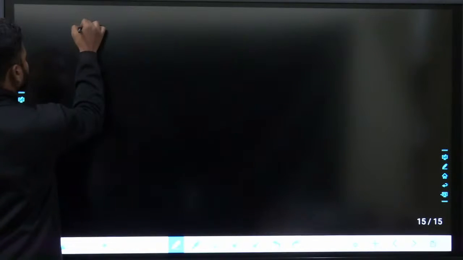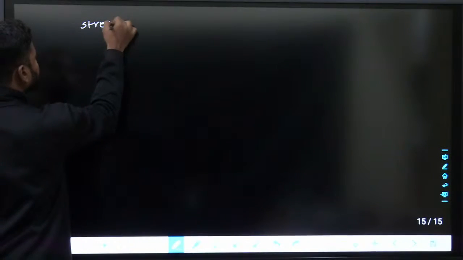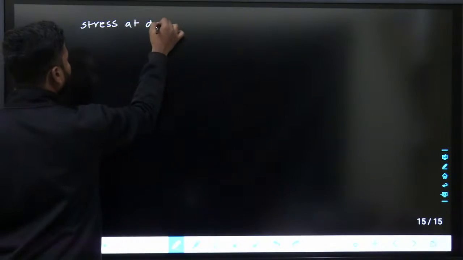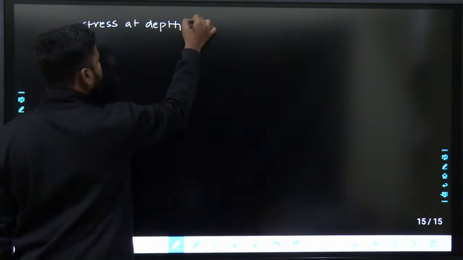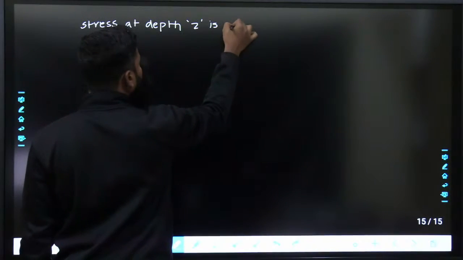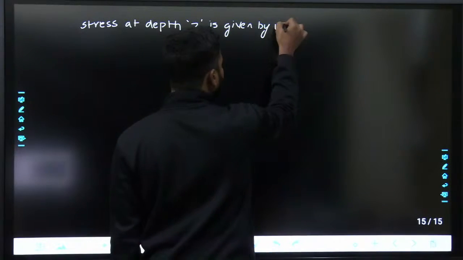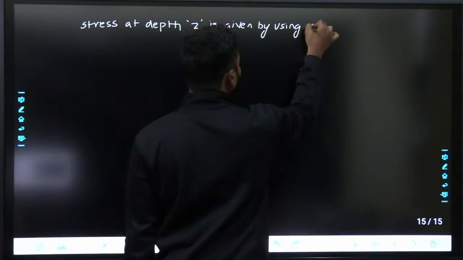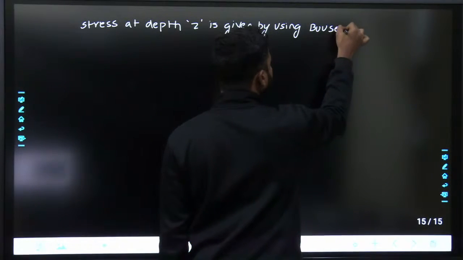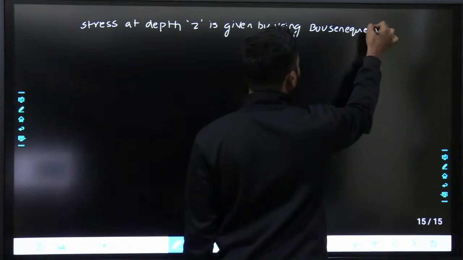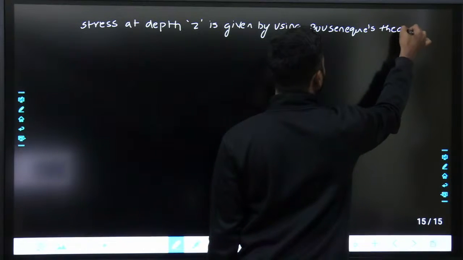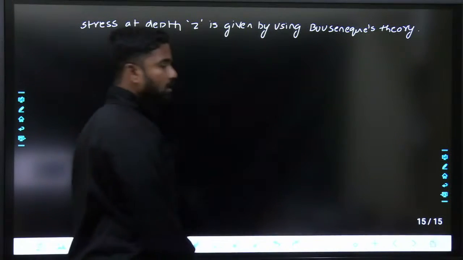Because of the load P, stress at any depth Z is given by using Boussinesq's theory. You will be seeing this in your geotechnical engineering.